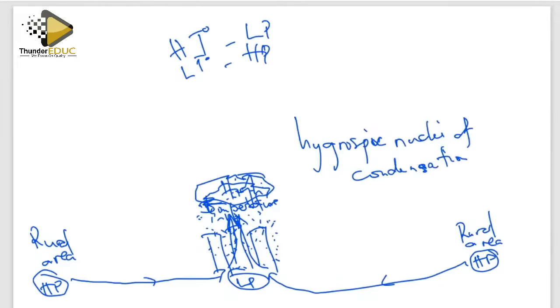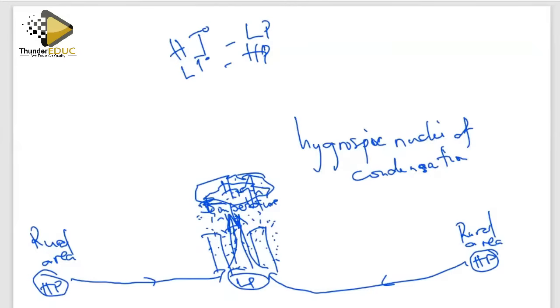For condensation to effectively take place, there is need for some nuclei, and those nuclei facilitate condensation to take place effectively. So in urban areas, there are high chances of availability of nuclei of condensation above the urban areas because of different activities that happen in urban areas. For example, dust particles, and we can talk of smoke particles released from industries and also released from vehicles.